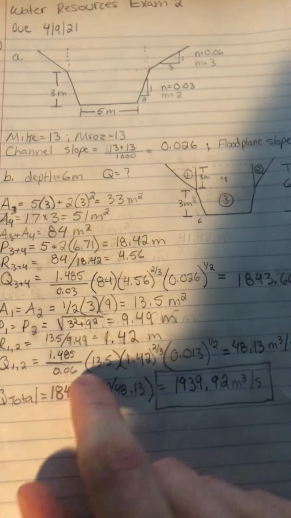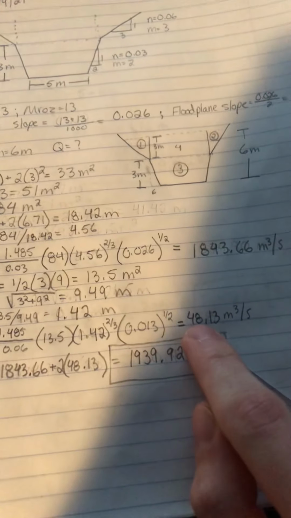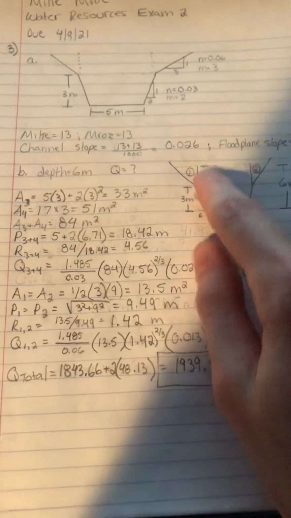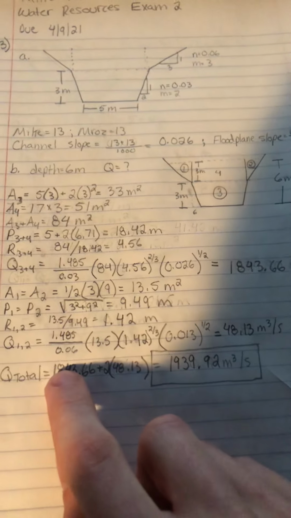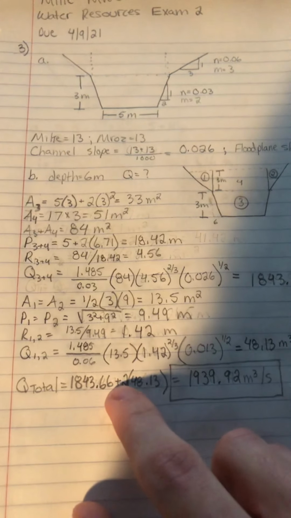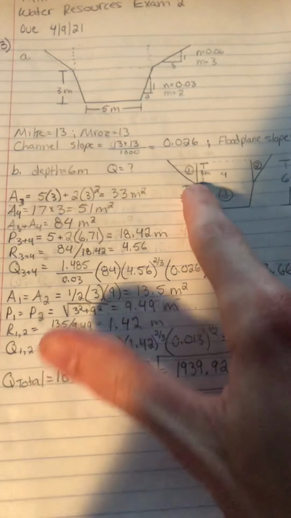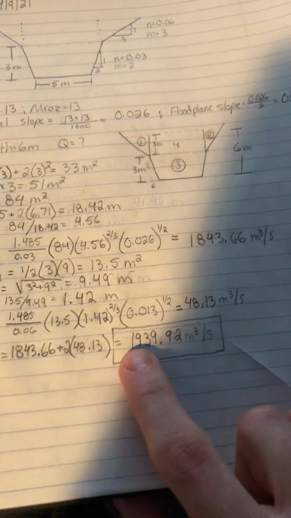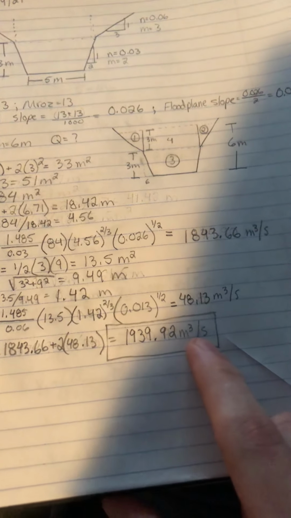And I found the Q for 1 and 2, which is 48.13 meters cubed per second. And then for the entire thing, I combine them. So it's the Q of section 3 and 4 plus 2 of one of these sections. So the total Q is 1,939.92 meters cubed per second.